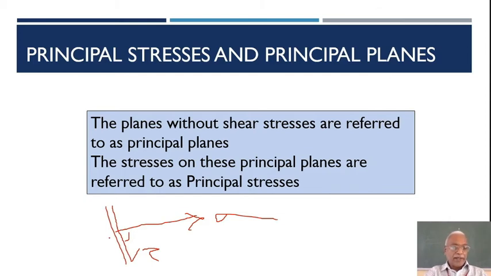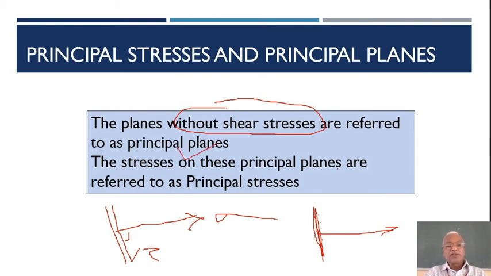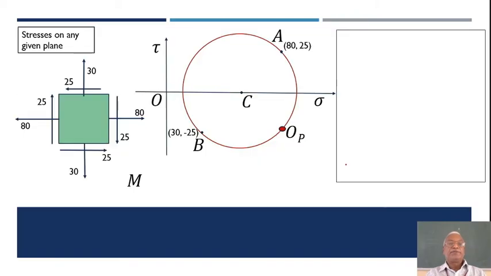Now if you find a plane without any shear stress, with only normal stress, maybe tensile, maybe compressive, such a plane is referred to as a principal plane. Very easy to remember: the planes without shear stresses are principal planes, and the stresses on these planes are principal stresses. Okay, we'll go to the next slide.